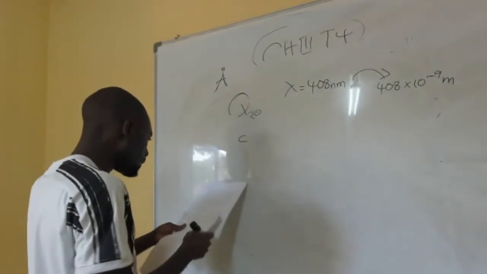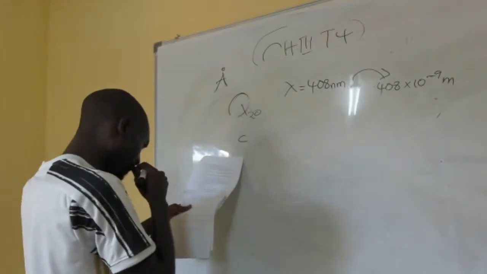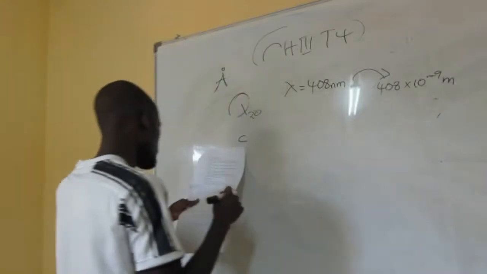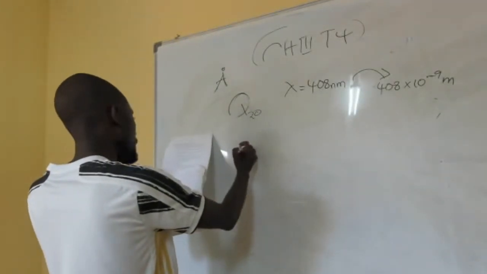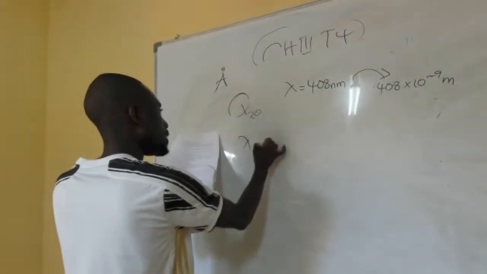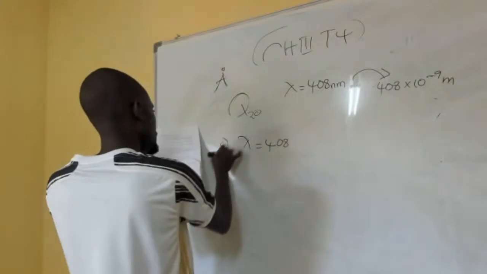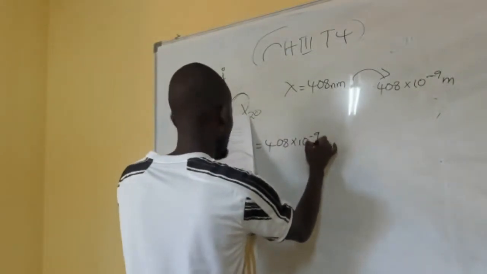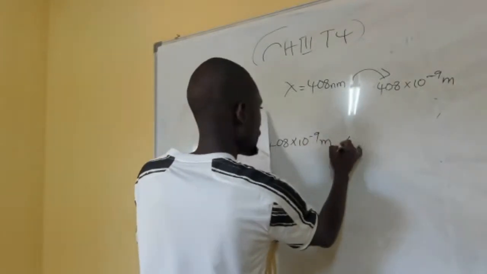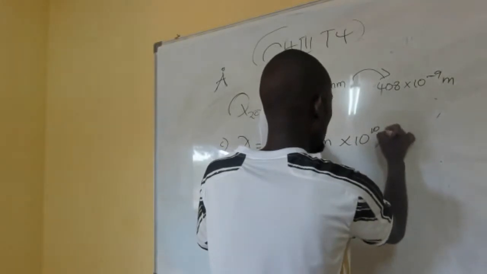In this case, we'll calculate in this way. We are going to say, from what we have, lambda is 408, which is, this is C, 408 times 10 to the power negative 9 m times 10 to the power 10 angstrom.